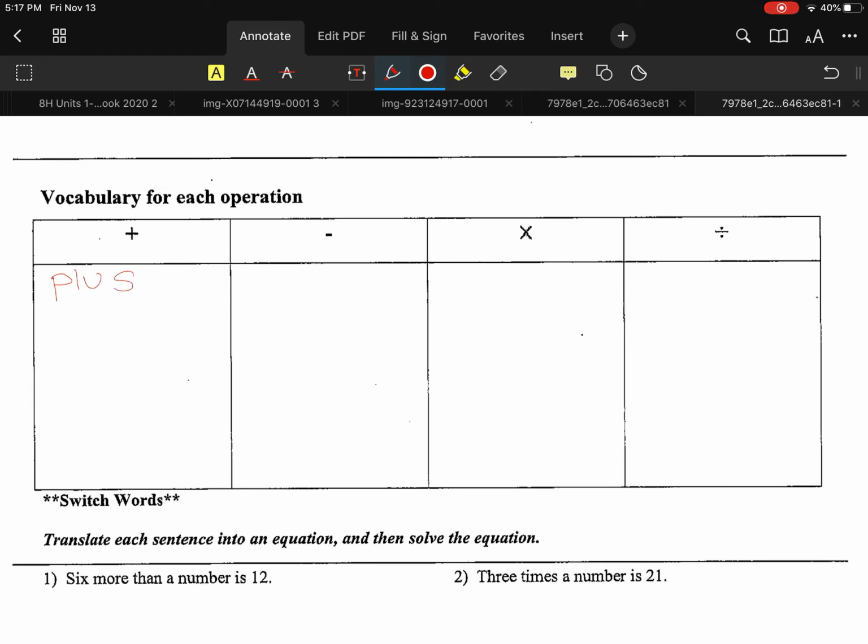We have our plus sign here. So I'm going to start by writing plus, sum, add, total, all the words we discussed in the expression unit that mean to add. If you could look back in your notes, or you can think of anything else to put there, maybe increase.